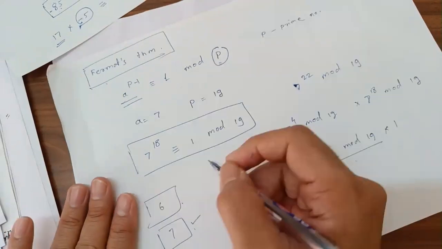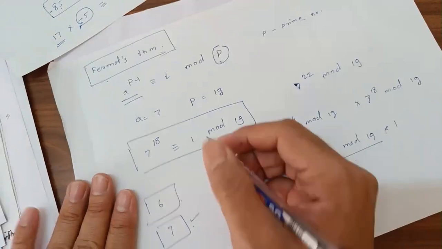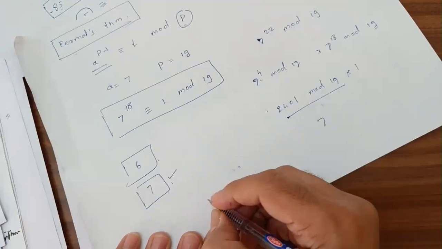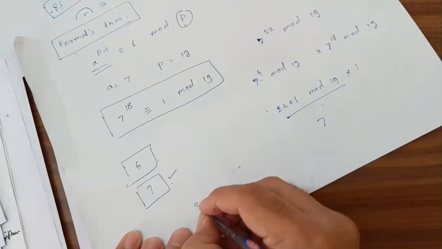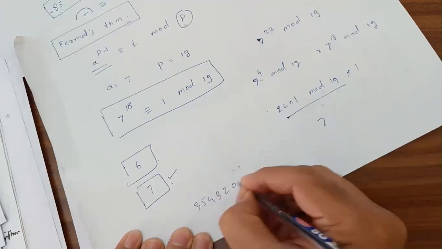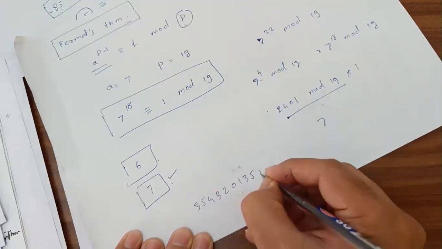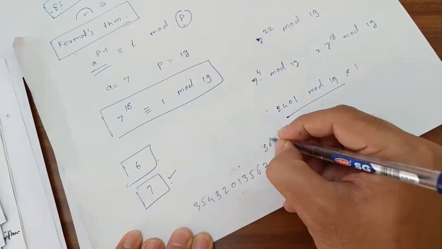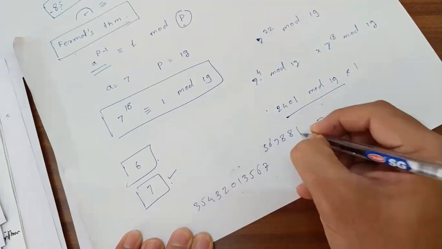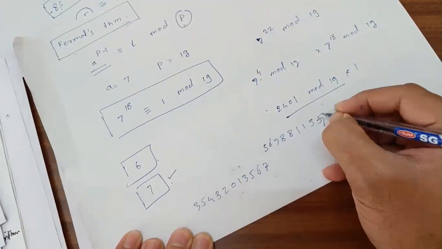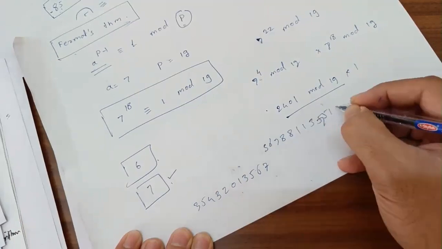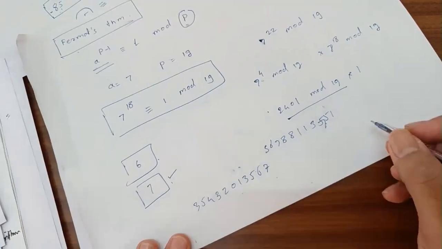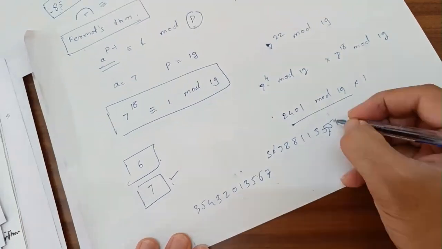Now, if you ask a computer to do the operation, let's say this is some number raised to some number. And let us consider that these are all prime numbers.